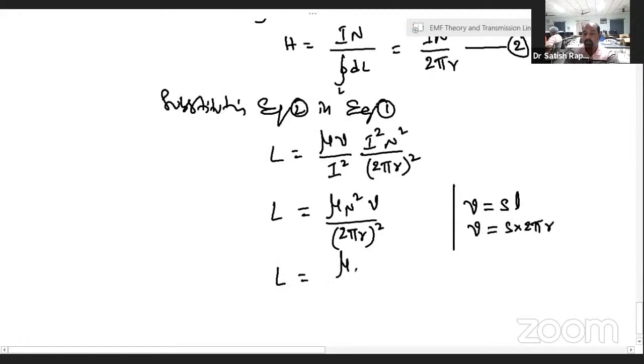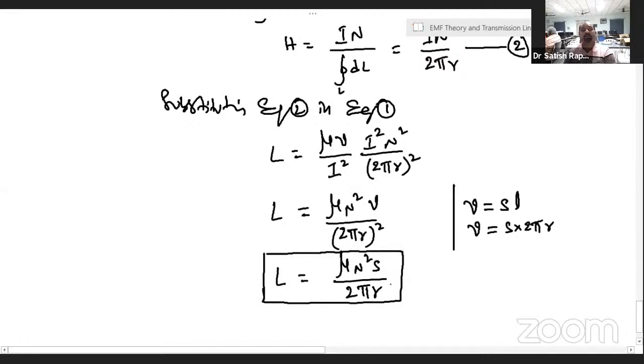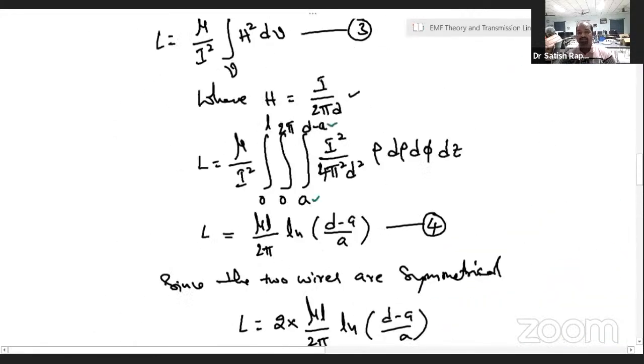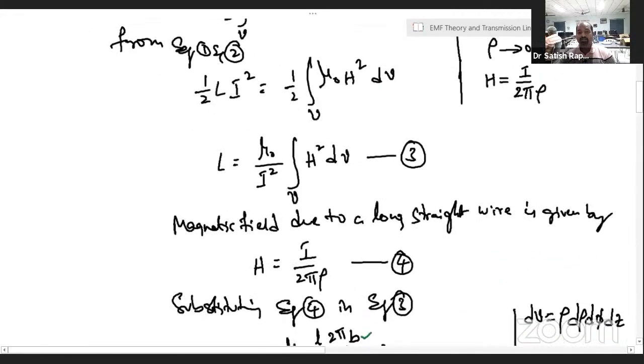L is equal to mu N square S by 2 pi r, right? So this is the final expression for inductance of a toroid, right?